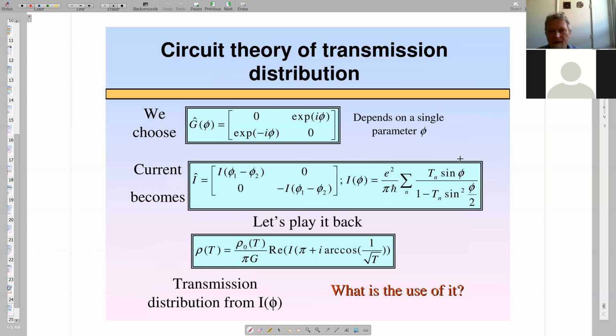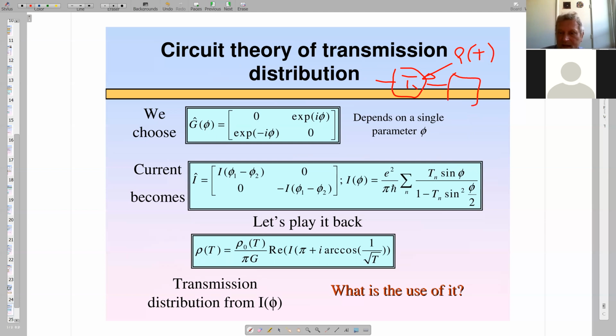Suppose we have a connector with many T's inside. We don't care about individual T's. There are many of them. We know the distribution of these values. So the connector is characterized by a distribution of T.